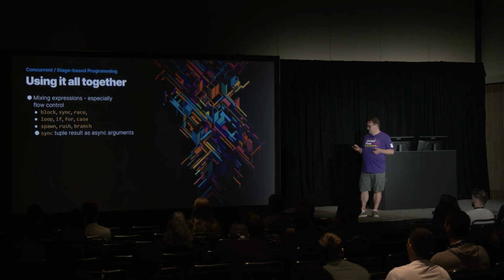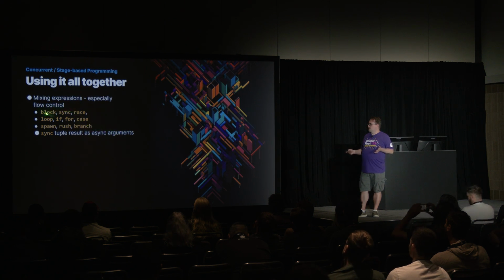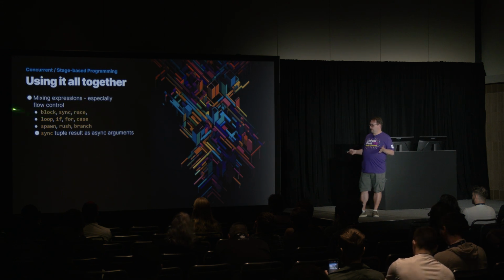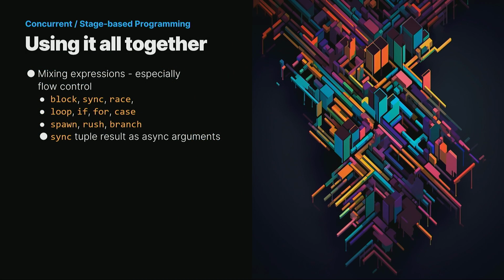So in terms of using these things all together, there are all these different existing concurrency expressions. There's all the other flow control things that have blocks of code that you can put into it.